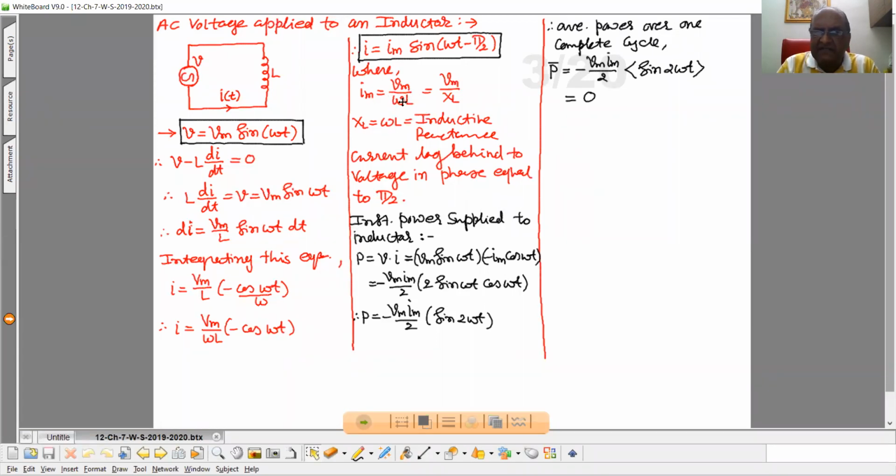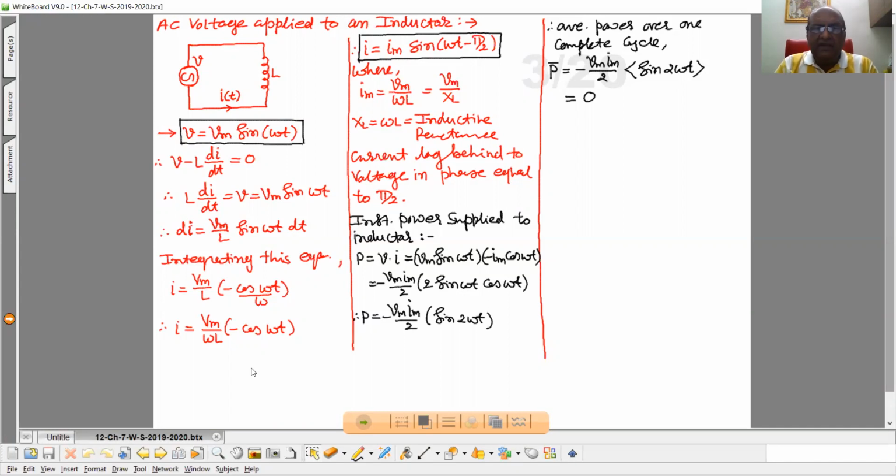It implies that this is something that should be the resistance. So this omega L is denoted by XL, and that is called inductive reactance. And inductive reactance is nothing but the resistance offered to the circuit by an inductor when it is connected with an AC supply.